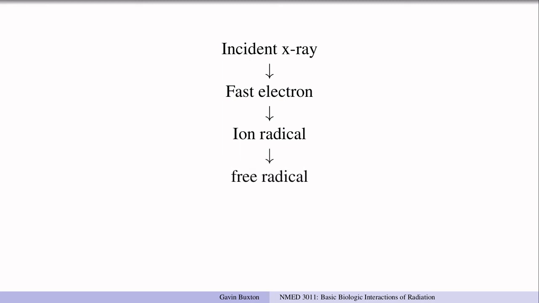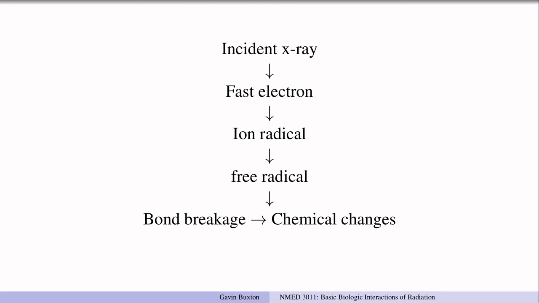Now those ion radicals combine with water molecules that can cause free radicals. And the example we went through isn't the only possibility for free radical production. That was just a nice, easy example we went through. But these free radicals then can migrate to targeted areas of the cell and then they can break the bonds that bind the DNA together, or cause other damage, and essentially cause chemical changes in the system, right?